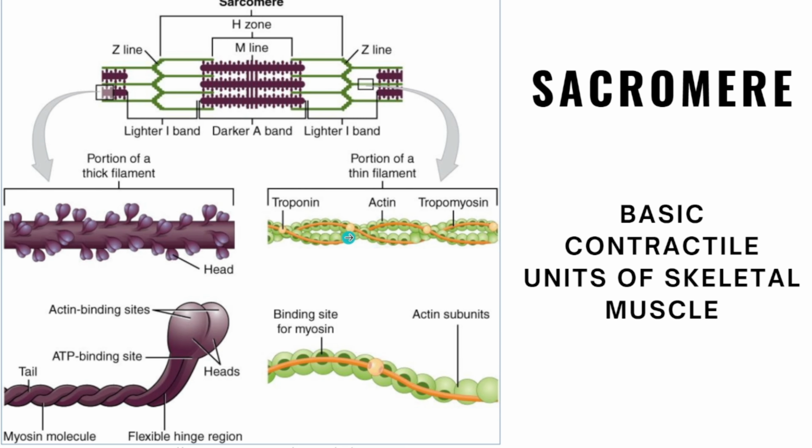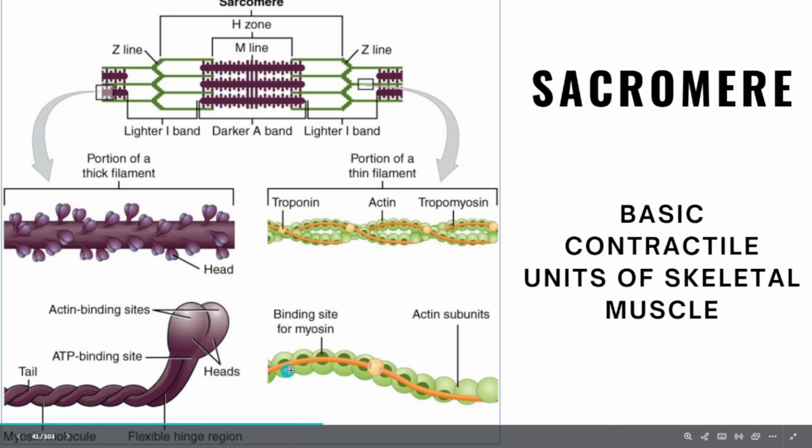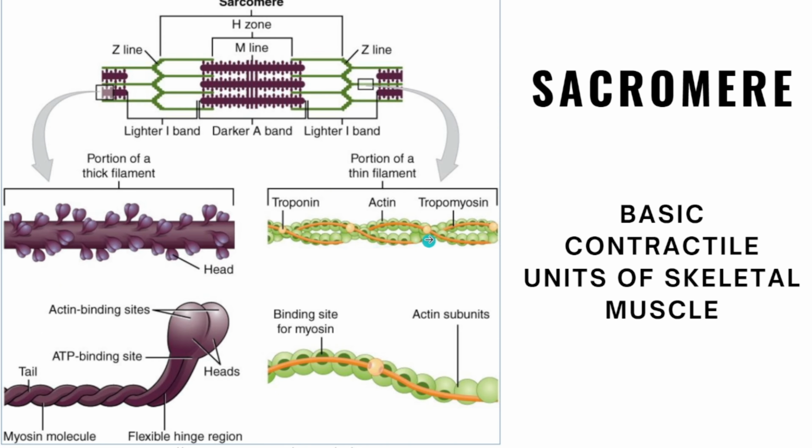And it consists of tropomyosin, a regulatory protein bound along the length of the actin. This tropomyosin prevents the exposure of these holes. Why? All these holes are binding sites for myosin.